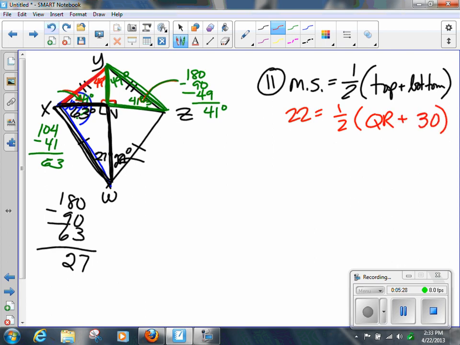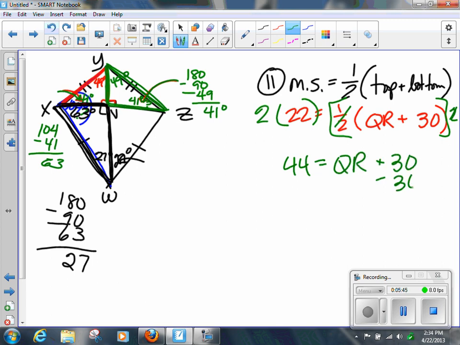Now, I showed y'all a shortcut on this. You're going to multiply both sides by 2, which cancels out the one half. What you do to one side, you have to do to the other, right? What's 2 times 22? 44 equals QR plus 30. Subtract 30. What's QR? 14. You've got to be able to do that.